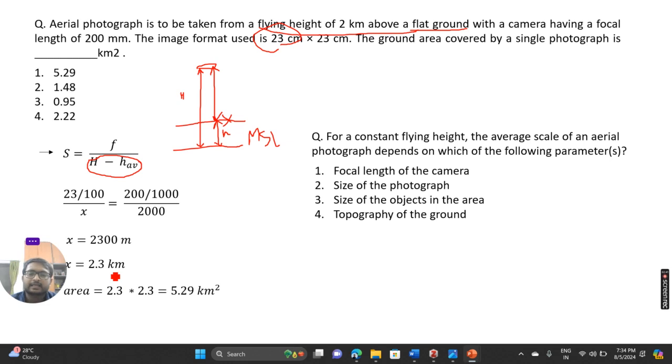We have seen in the starting of this lecture that f is directly proportional to scale, and f and H average, like topography of the ground, are both directly proportional to the scale. Then someone can ask which of the following parameters is inversely proportional to the scale, and it will be the flying height of the aircraft.